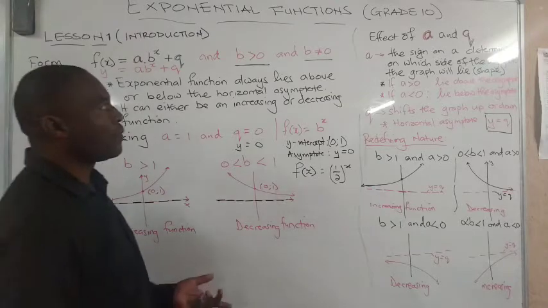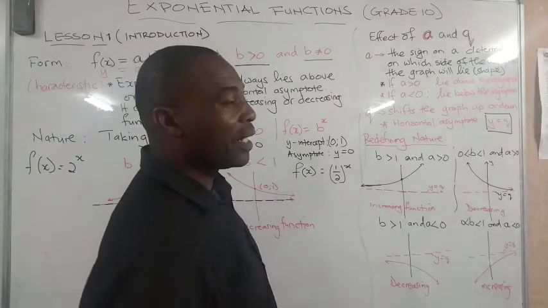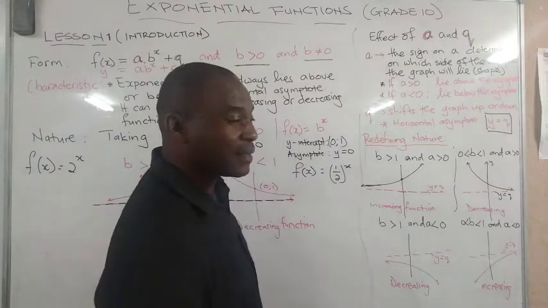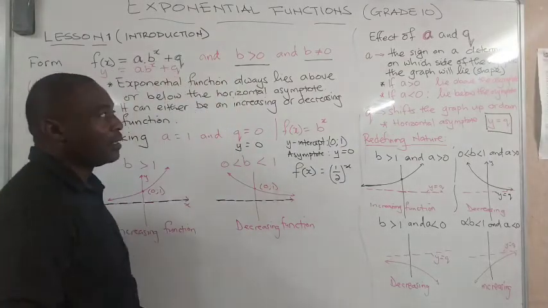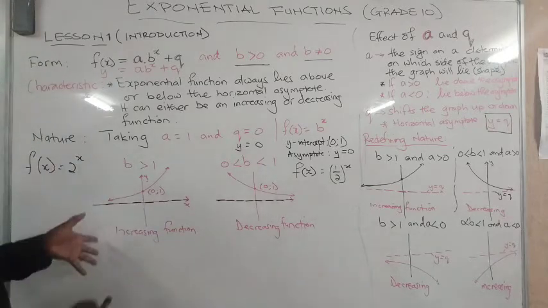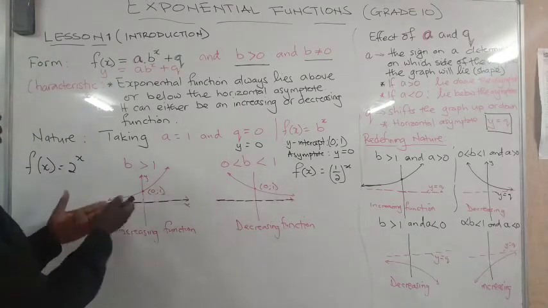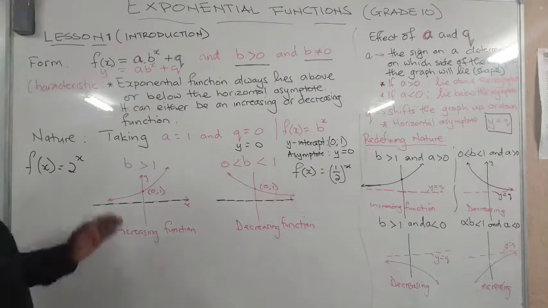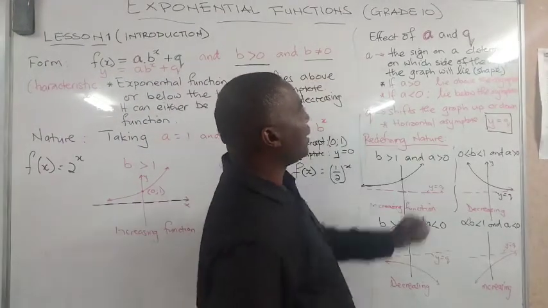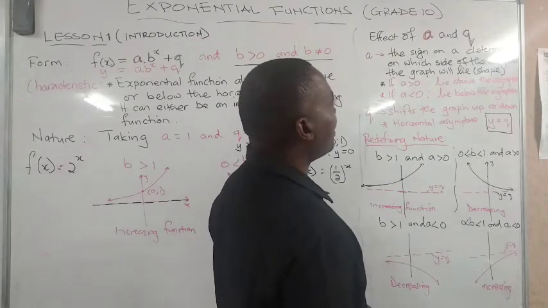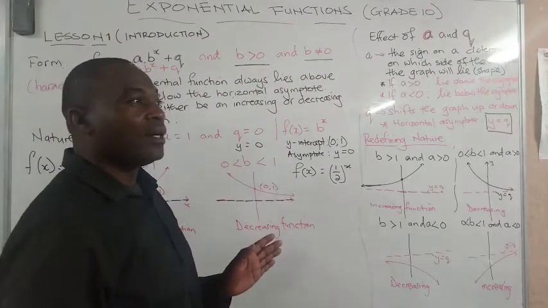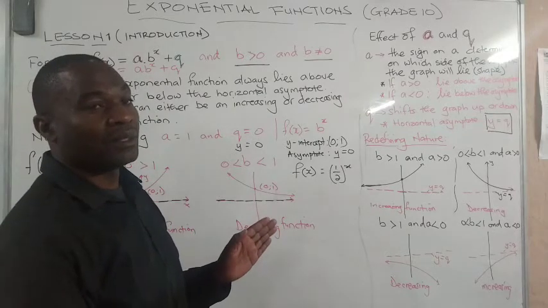Now we already know, we have studied from the other function, that the sign on a has an effect. If a is positive, the effect will be the same as what we have talked about here on the basic graphs. But if a is negative, then we know that it causes a reflection.